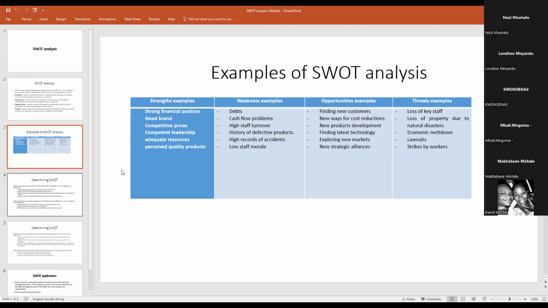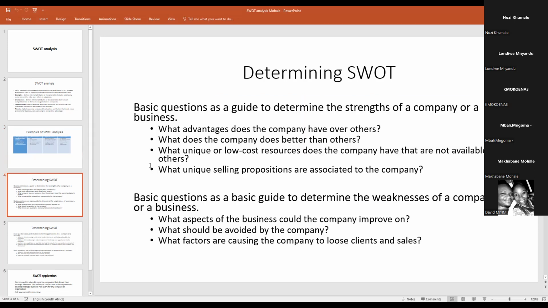When determining the SWOT analysis, the basic guide will be to try to formulate some questions that can be addressed by each one of those characteristics. For example, if we are looking for strengths, we can ask ourselves a question such as, what advantages does the company have over the others?